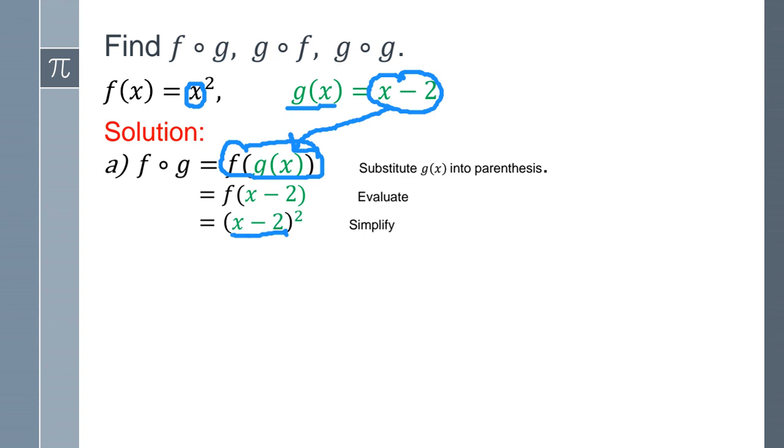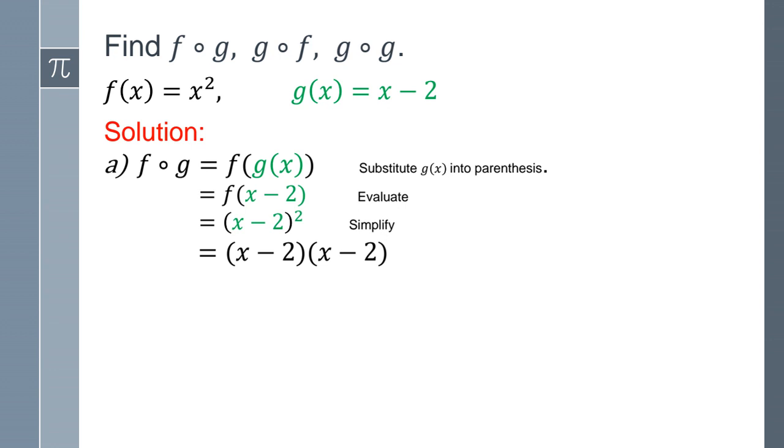So x minus 2 times x minus 2, if we do the FOIL, x times x will give us x squared. Let me write it here, because I don't think you can see my mouse. So again, x times x gives me x squared. x times negative 2 gives me negative 2x.